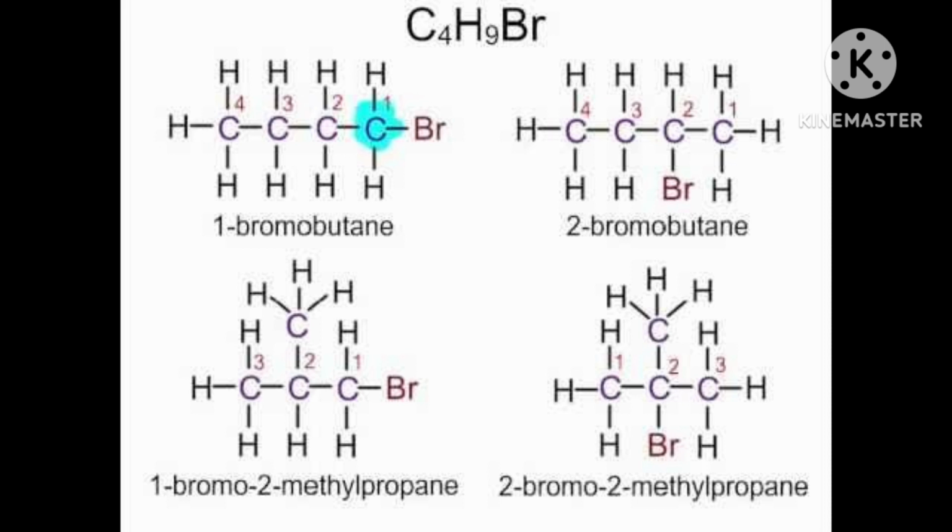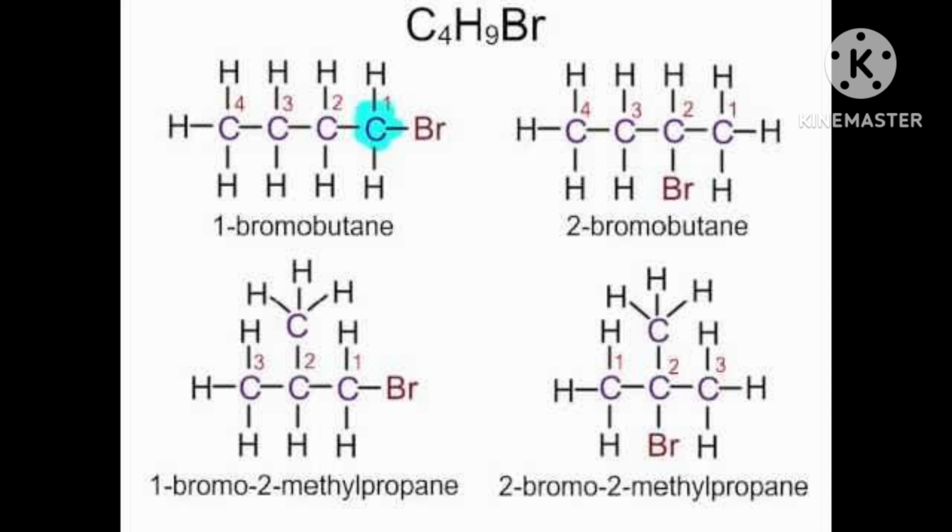The first carbon where bromine is attached is 1, then the other will be second and third will be 3. Then its name will be 1-bromo, and because 3 carbons are there, it will be propane, 1-bromopropane.